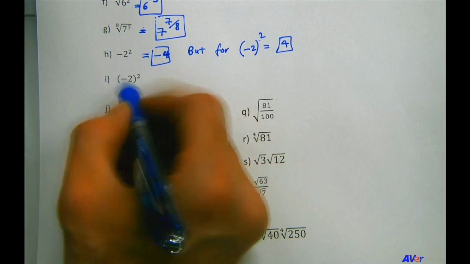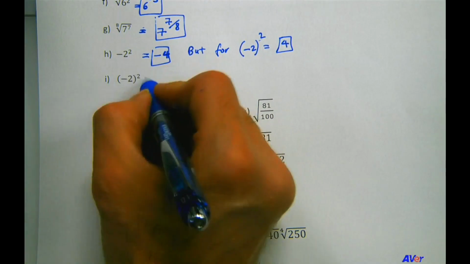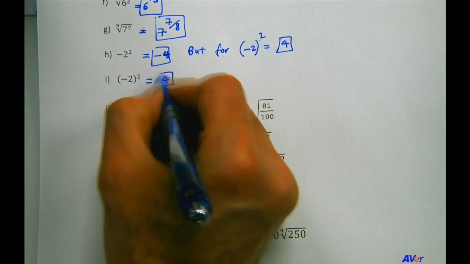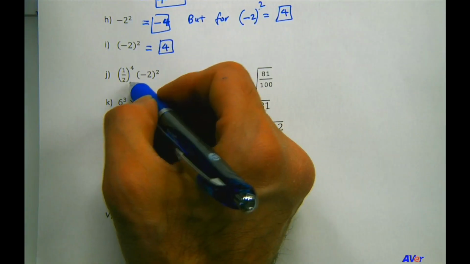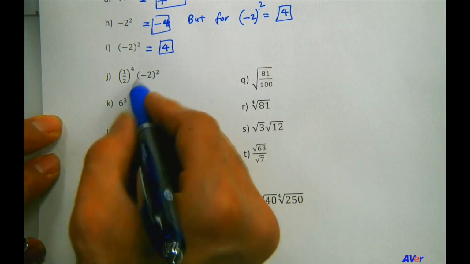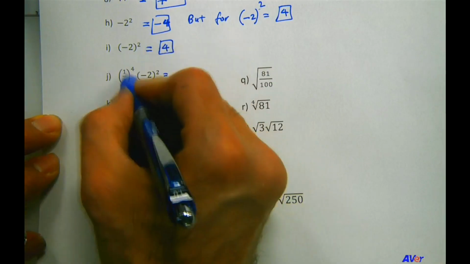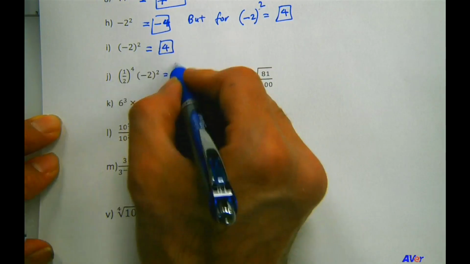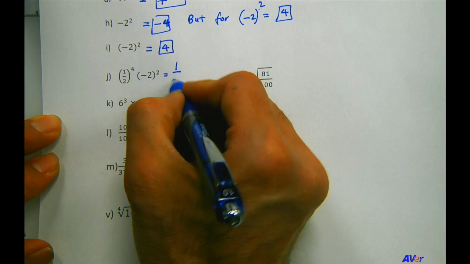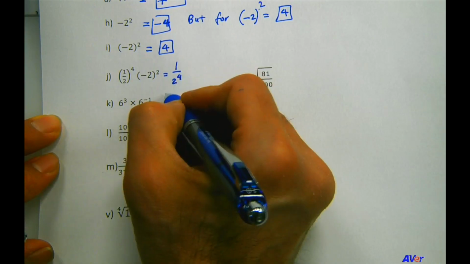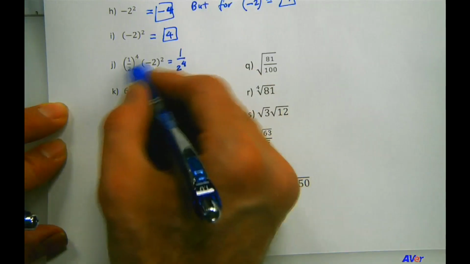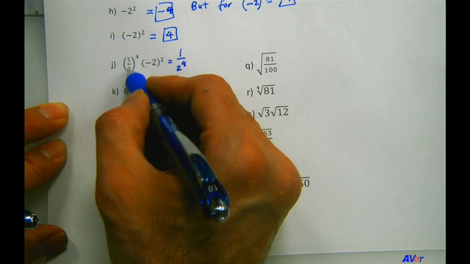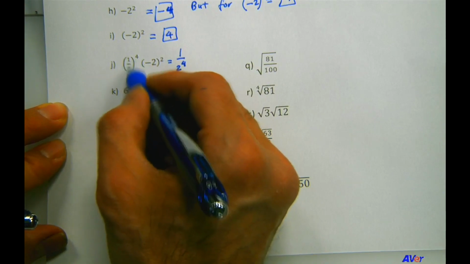Okay, I had it here. So this is 4, equal to 4. Here, let's simplify this. 1/2 to the 4th power is 1 to the 4th over 2 to the 4th, right? The power on the outside can distribute itself to the numerator and the denominator if they're being divided.